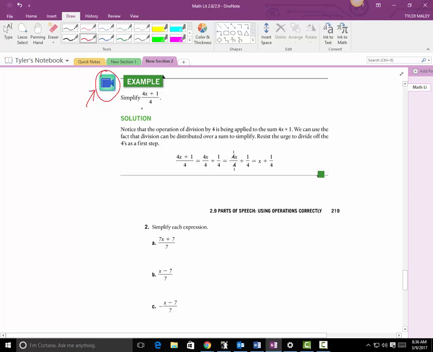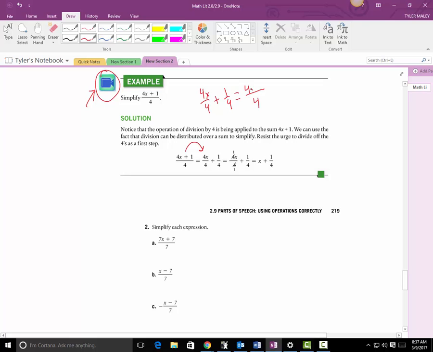All right, so I can talk about this a little bit. It's to simplify 4x plus 1 over 4. Notice what the author did is split up the fractions, using that similar idea as before: if I have 4x over 4 plus 1 over 4, then to add these up I keep the denominator 4 and add the numerators together.